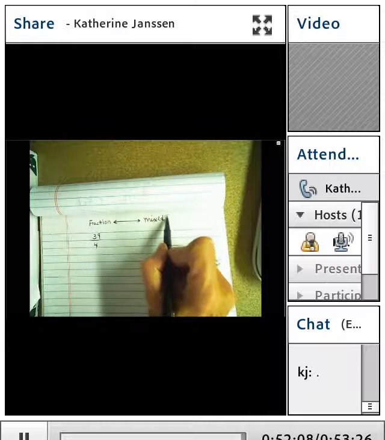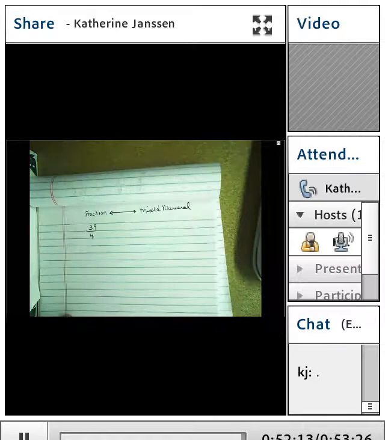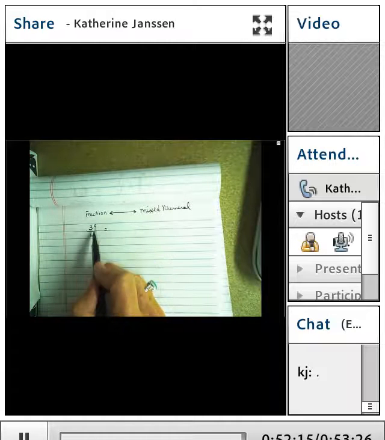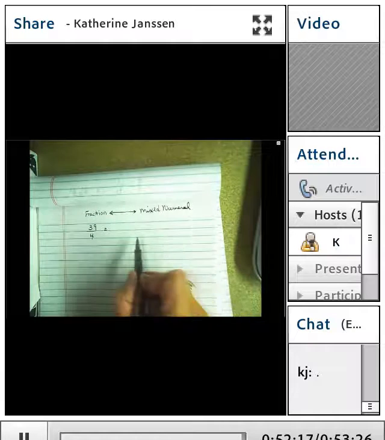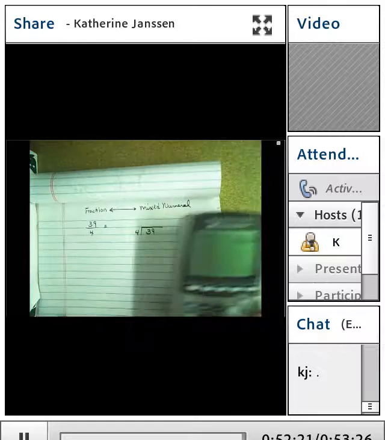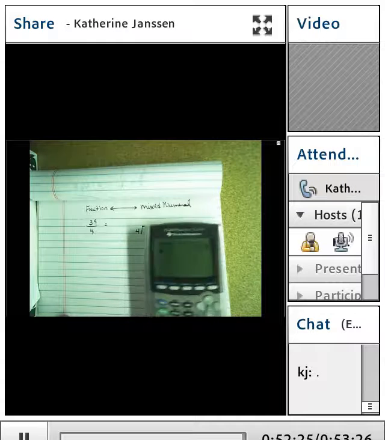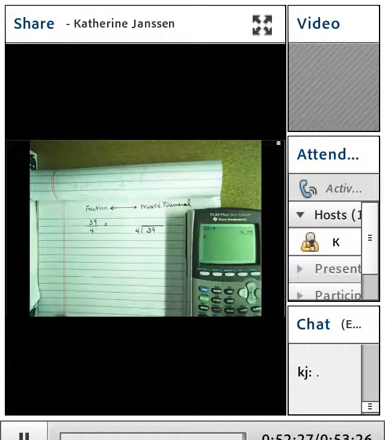Mixed numeral means we have a whole number and a fractional part. So this is 39 divided by 4. We're going to use our calculator to help us, and you can use Google Calc as well. 39 divided by 4 goes 9 plus a little bit.